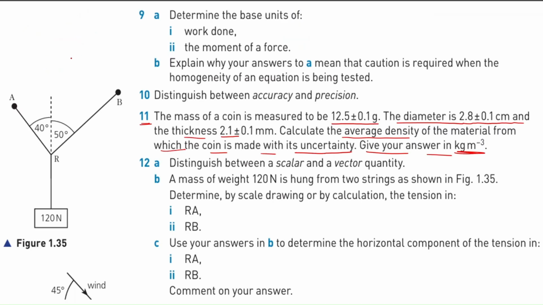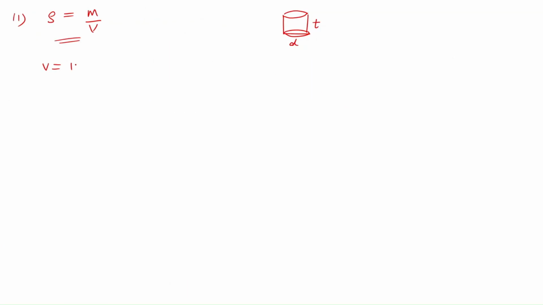This is the thickness and this is the diameter. Okay. So we have to find volume first, and then we put it here and get the density. Now the volume of a cylinder is given by pi r square h.